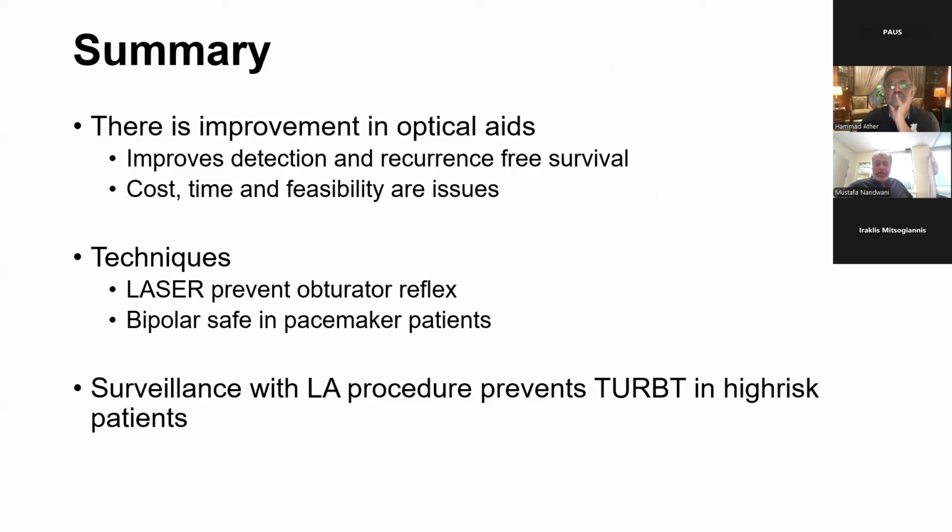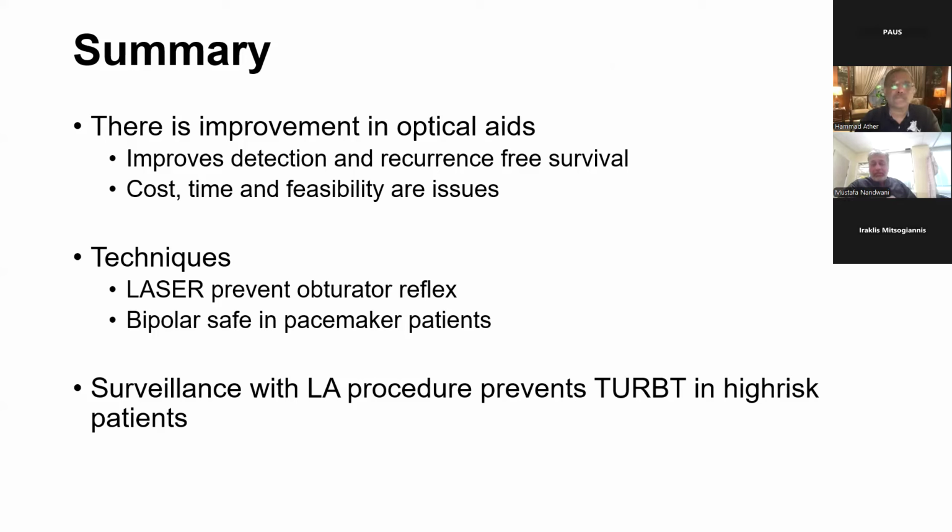So in summary, there is improvement in optical aids, which improves detection and recurrence-free survival. Cost, time, and feasibility are issues, but we can sort them out, and it depends from hospital to hospital and availability. On techniques, laser definitely prevents the obturator reflex, because with the conventional technique, no matter if you do full paralysis, direct muscle stimulation will still happen.